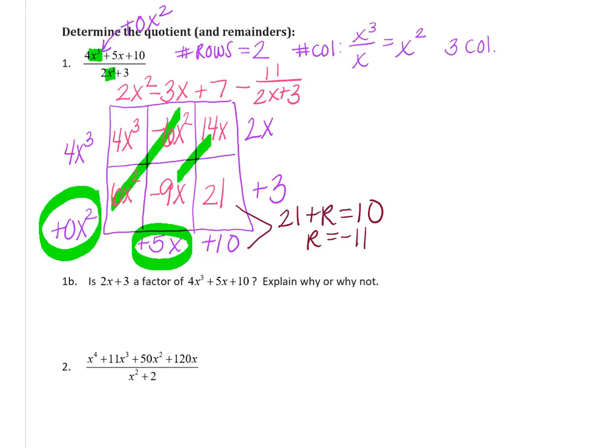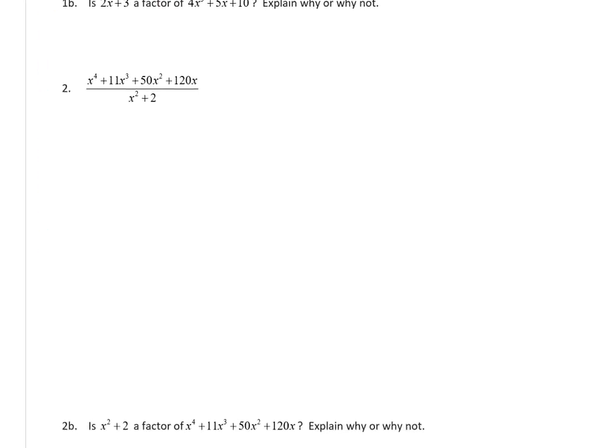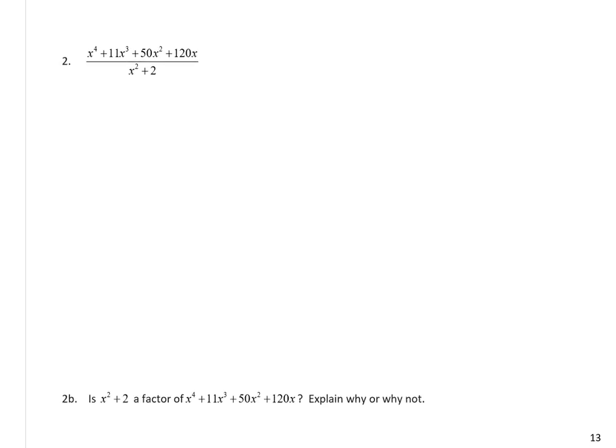Going on to the next one that we did in class. Look out for any missing terms. There's technically a plus 0x in there. The number of rows is 1 more than the degree of the divisor.